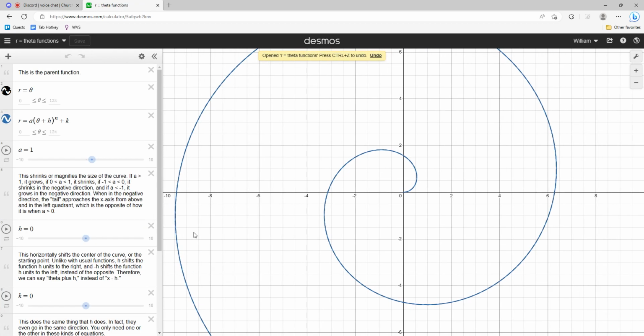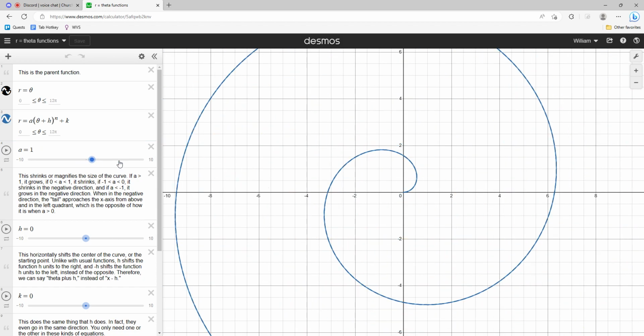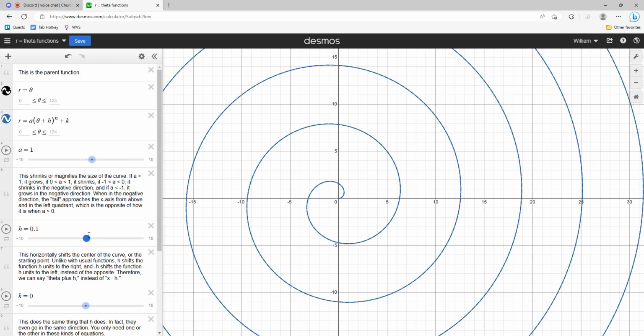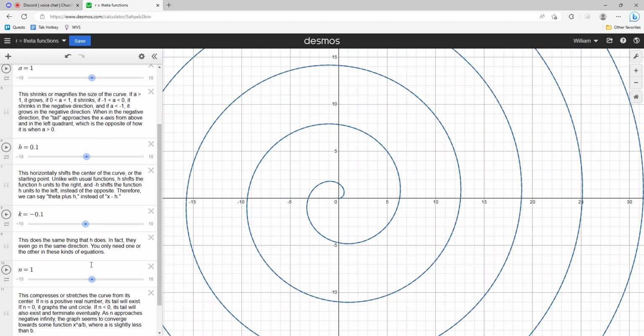r equals, okay, so polar functions. This is the parent function, r equals theta. Then we've got that, which is, whoa, this is pretty advanced. I understood this at the time I was dabbling in it, and then I immediately forgot it all.